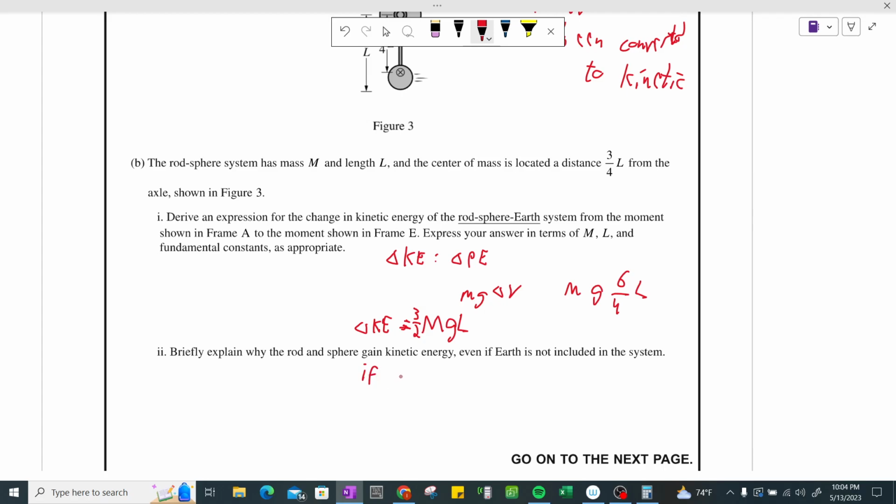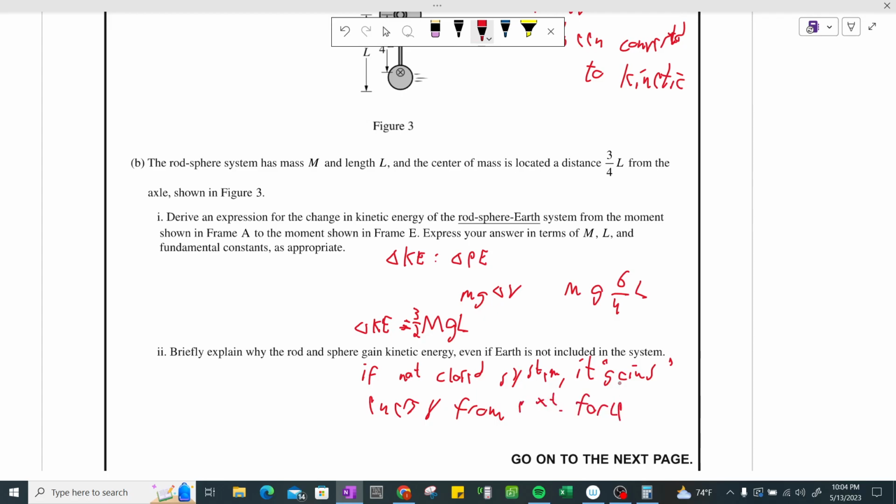We could say if it's not a closed system, it gains energy from, I'm going to put that in quotes, an external force.